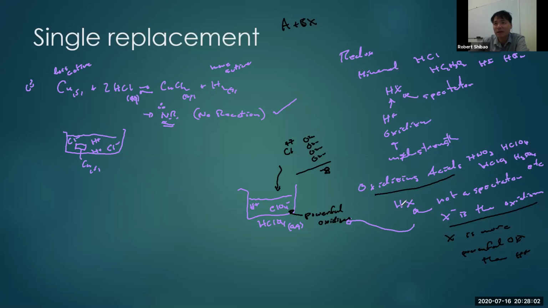There are too many patterns. And so for oxidizing acids, we must use the chart method. Otherwise, there are too many individual patterns to memorize.